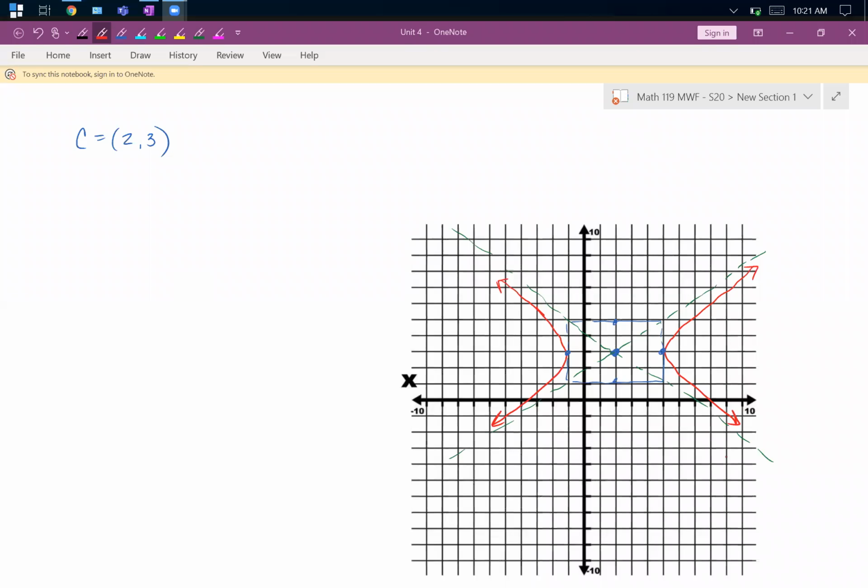So how's our hyperbola look? Anybody get anything different than me? Have any questions? All right, well, let's answer all our questions then.